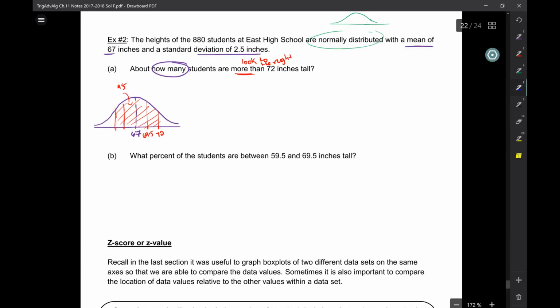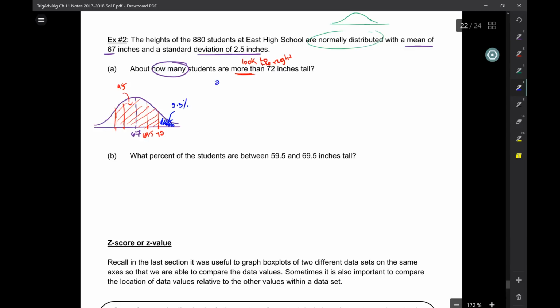So, how much is just this blue part? Good, it's 2.5. Because look, if this is 95, then the little bit on the left and the little bit on the right are 5% together. That means this is just 2.5%.